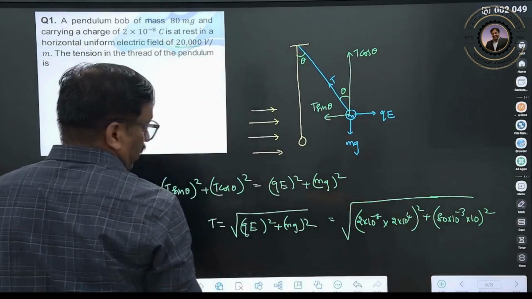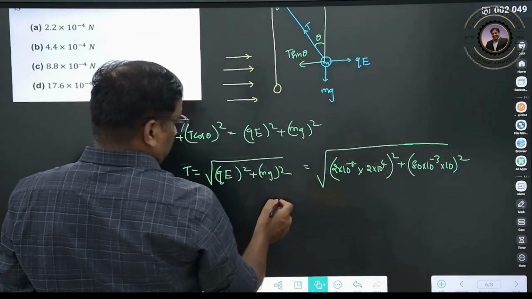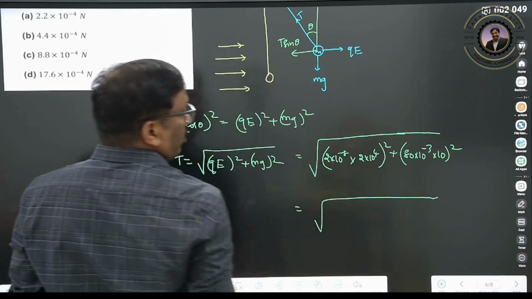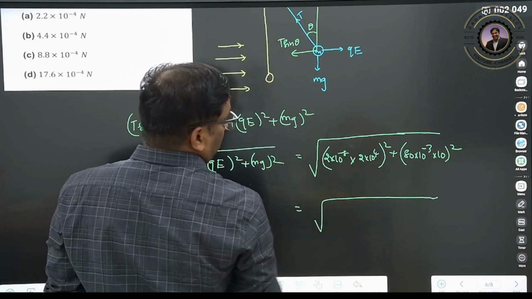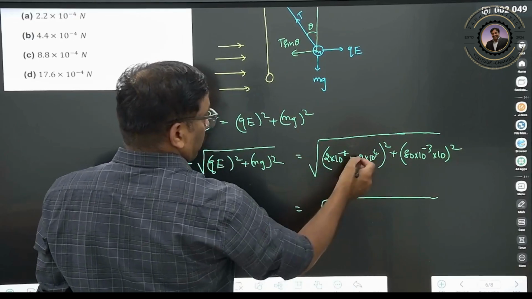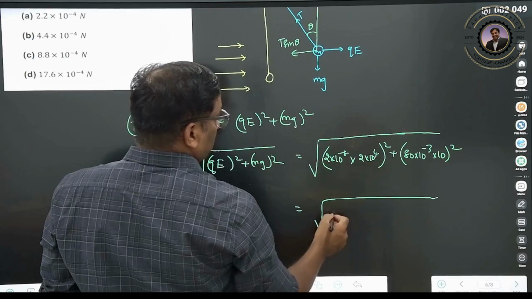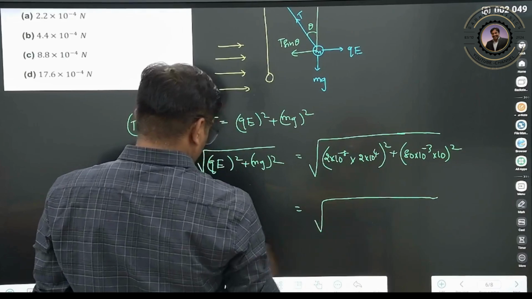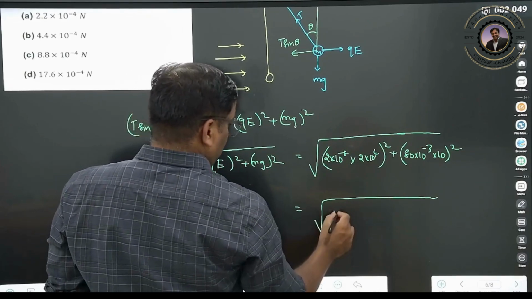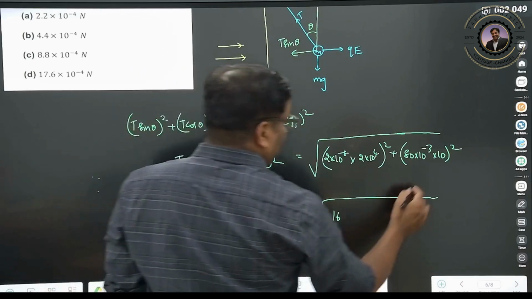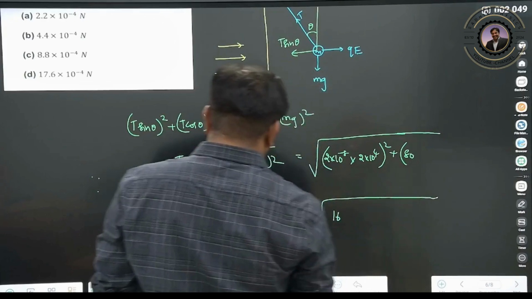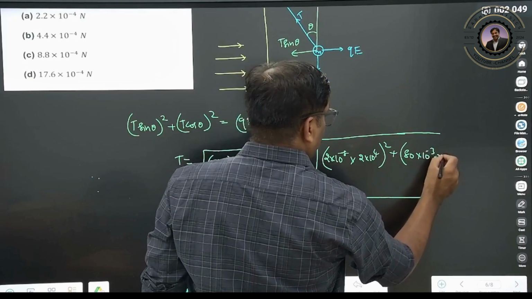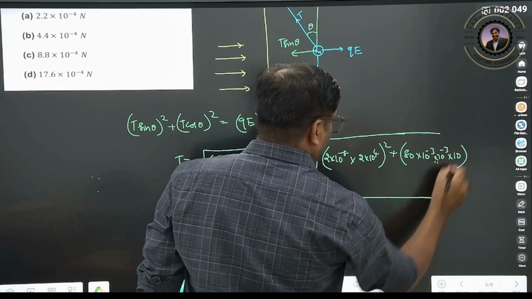Right. So what will you get here? 10 to the power of minus 4 here. So we can rewrite it, this is 4 square, that is 16. Sorry, here 10 milligrams it is given. Milligrams means 10 to the power of minus 3 grams, and 10 to the power of minus 3 kg into 10. Clear? Whole square.